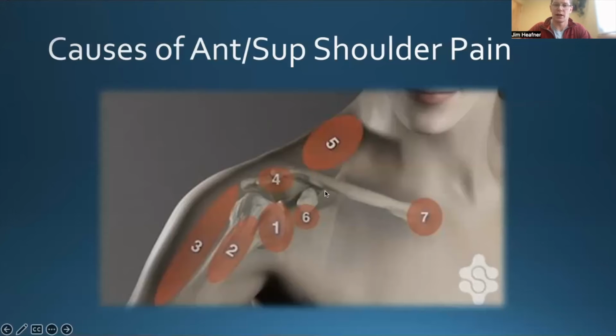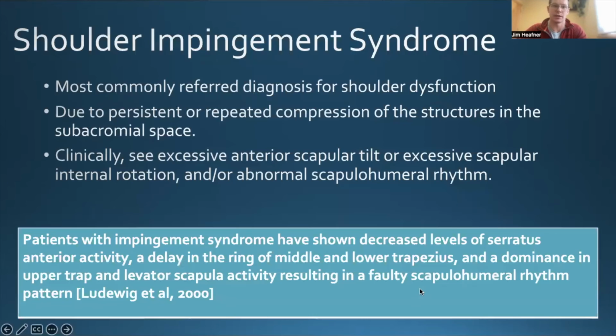It could be something to do with the collarbone, so a clavicular fracture. It could be bursitis. There's a number of things, and we need to think about the different bony tissues, soft tissues, or potential nervous system structures that go through that area that could contribute to anterior superior shoulder pain. Well, the most common thing that we see is going to be subacromial impingement syndrome.